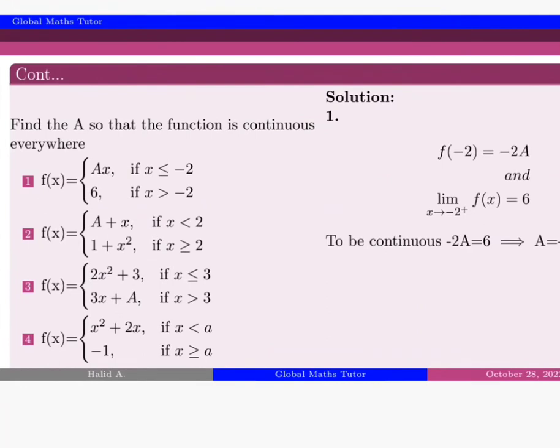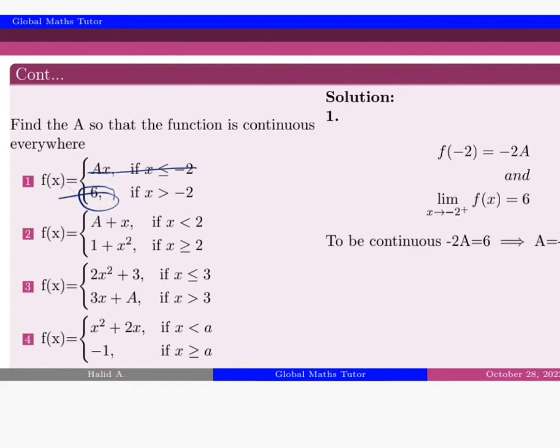So for the first one, f of negative 2 is minus 2a from this sentence, and the limit of f of x from the positive side is 6, because for x greater than minus 2 the function is defined by 6.